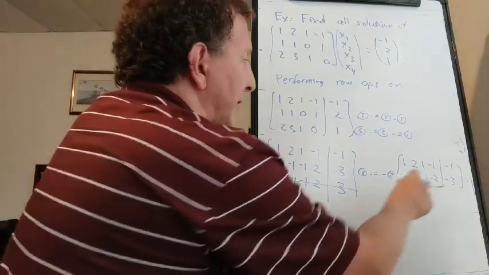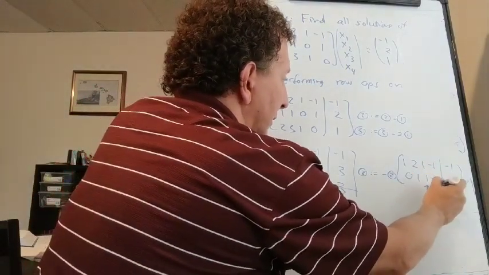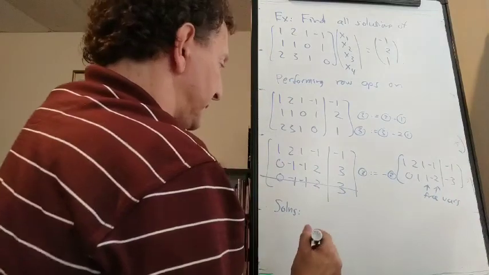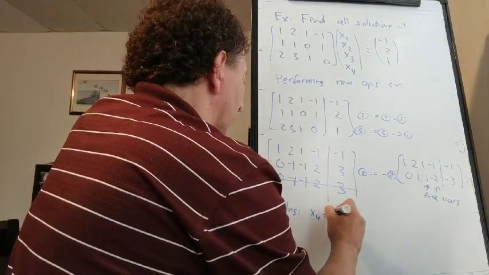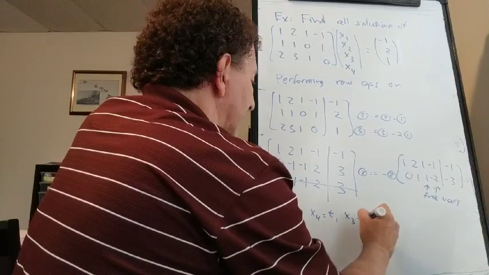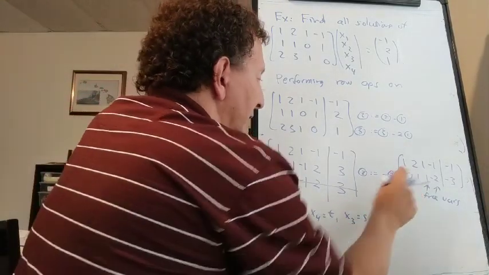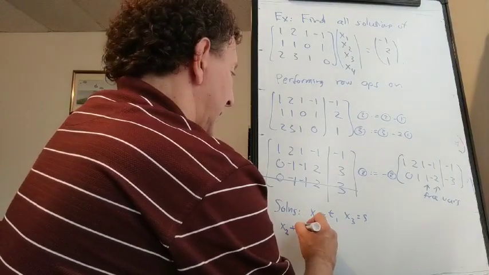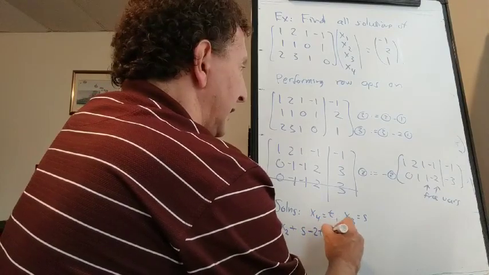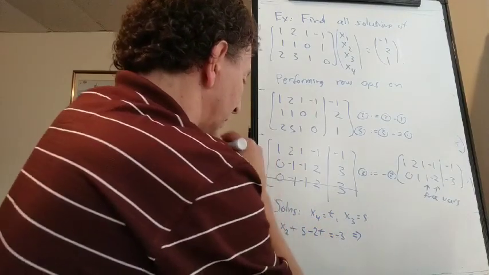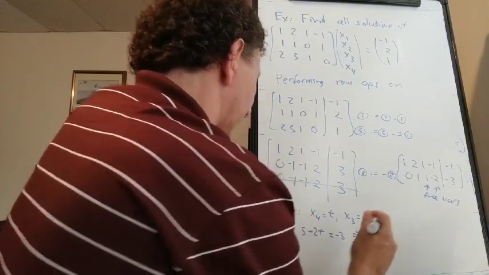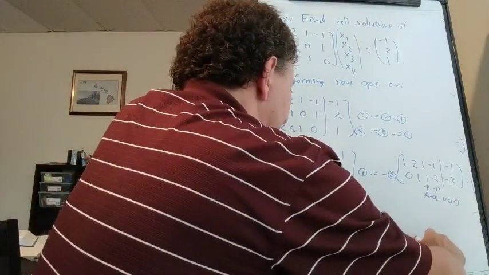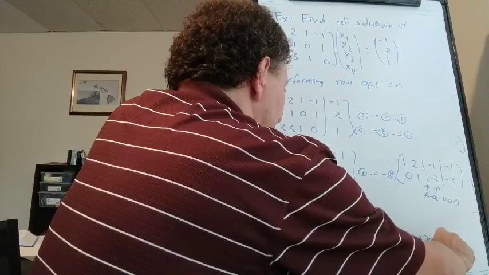So our solutions have the form, we've got two free variables, X3 and X4. So we can say X4 equals T, X3 equals S. And then this equation tells us that X2 plus S minus 2T equals negative 3. In other words, x2 equals negative 3 minus s plus 2t.